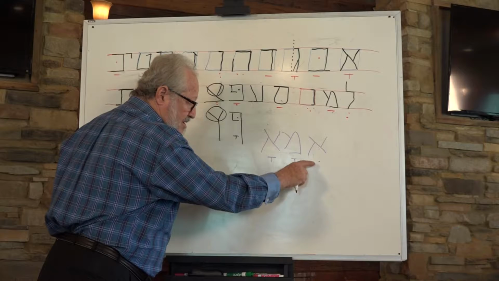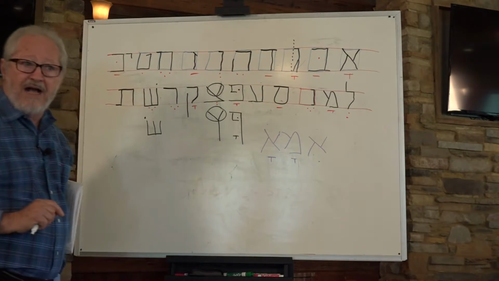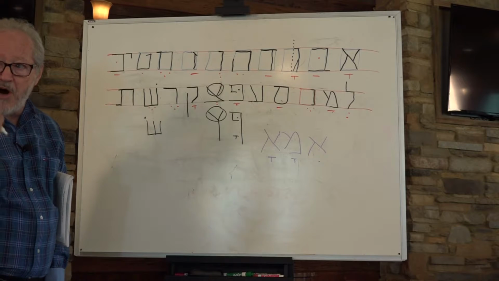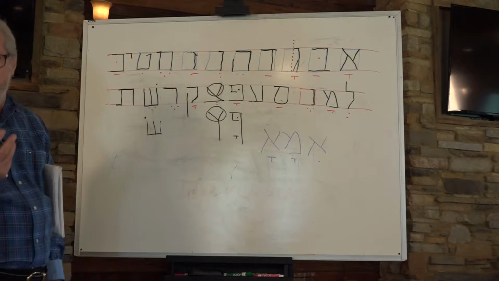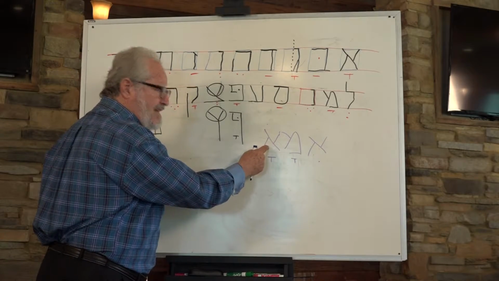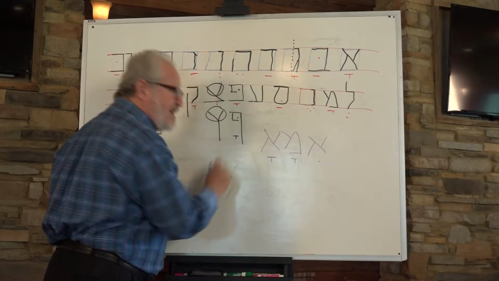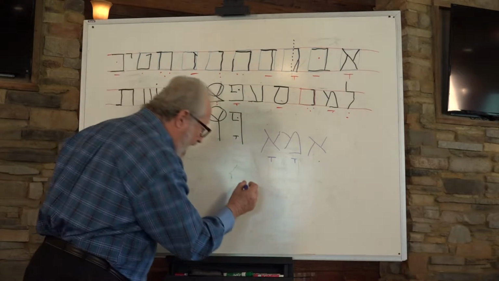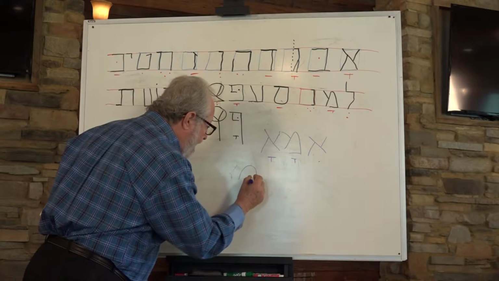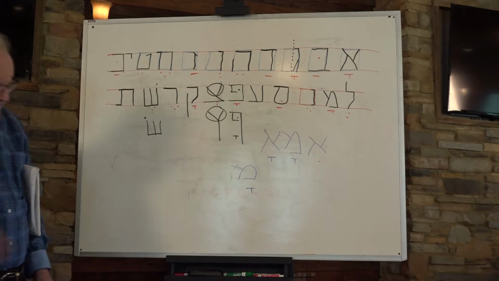What is this? Ma. Got it? You have to do both responsibilities, not just know them. First one is an Aleph. What is that? Is it A, E, I, O, U? It's A. So A under an Aleph is A. What is an A under a Mem? Ma. Not Mu. That's not a U.